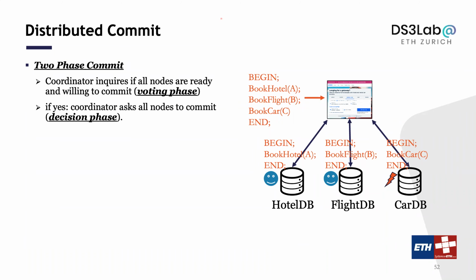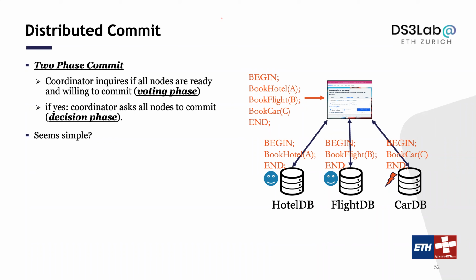And then if everyone says yes, the coordinator is going to ask all the nodes to commit. That's the decision phase. So it collects the vote from everyone and looks at them. Oh, everyone says yes. Okay, let's commit. This is something called two-phase commit: in two different phases, collect information and then make a decision.